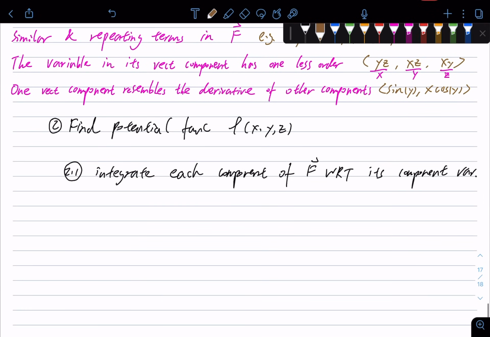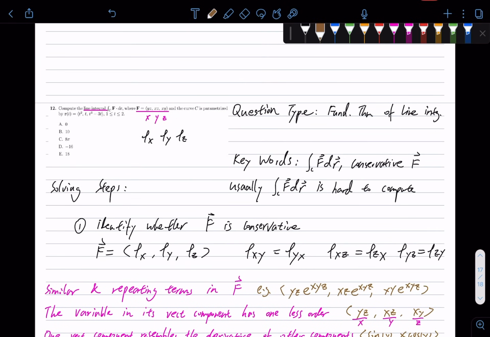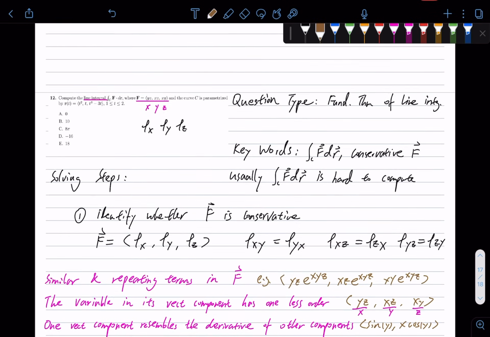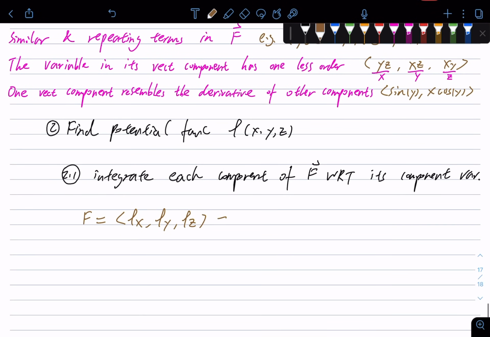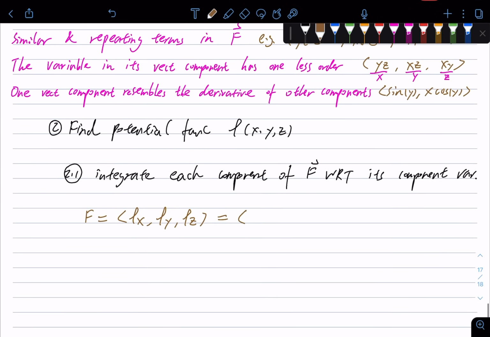What do I mean by that? Let's take a look at this case. We have F equals psi x, psi y, psi z, I'm just going to keep putting psi, and that equals yz, xz, xy.